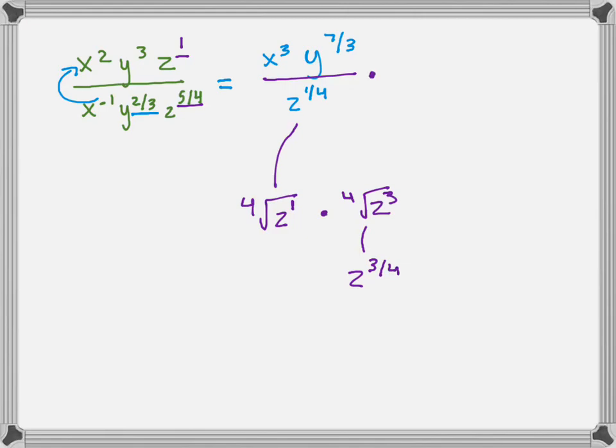So if we multiply by z to the 3/4 over z to the 3/4, we get x cubed, y to the 7/3, z to the 3/4 over z.